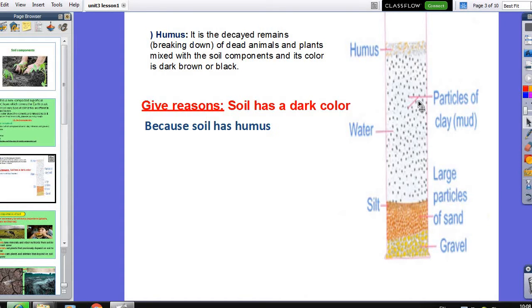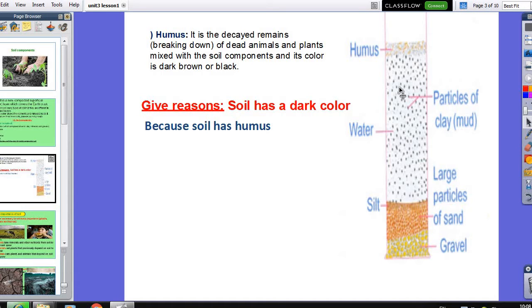Here is the structure of the soil, and you must know an important definition: what is meant by humus. Humus is the decayed remains, the breaking down of dead animals or plants, mixed with the components of the soil, and its color is dark brown or black.